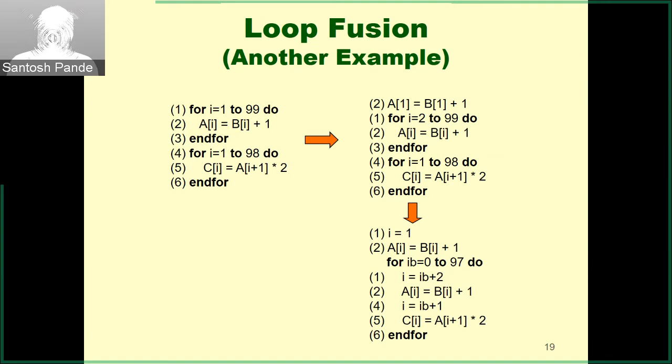So the reads occur before the writes, just like in the original semantics, and the trip count is also correct, and that allows us to do the legal fusion of this particular loop.